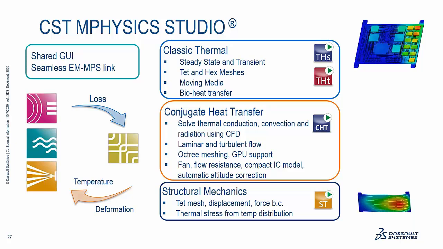And here we wanted to point out a significant advantage when using MPS: the losses that you computed through your EM simulations from Microwave Studio, EM Studio, Particle Studio, and most recently the PCB Studio IR drop calculation, are transferred to MultiPhysics Studio. So the losses are accurately mapped over.